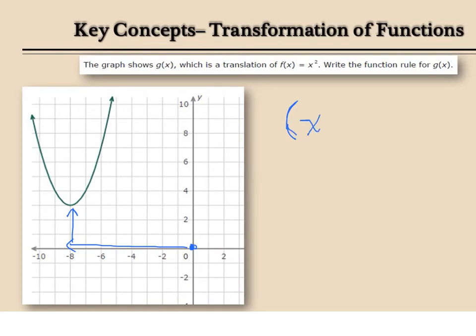So I have x minus 8 squared, and then I'm adding 3 because I moved it up 3. So this is g of x, or the new equation of the parent function x squared. It is x minus 8 squared, then plus 3.